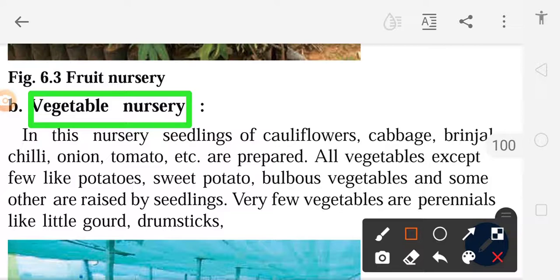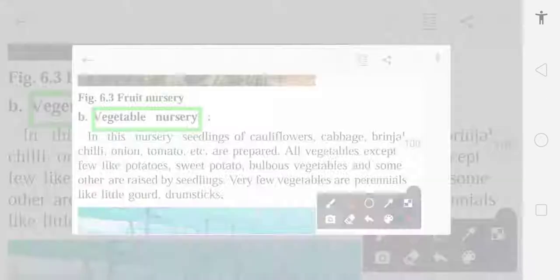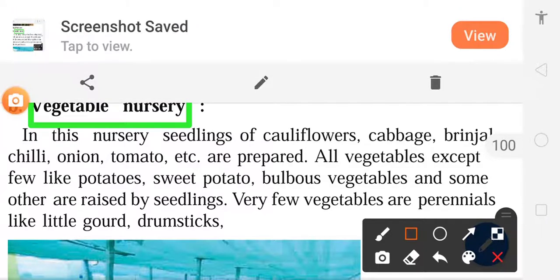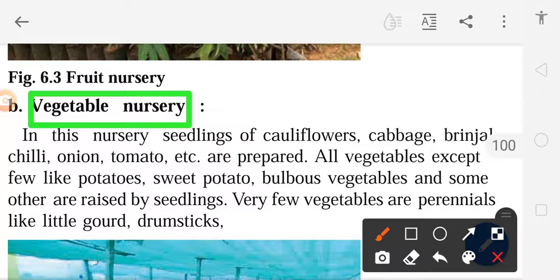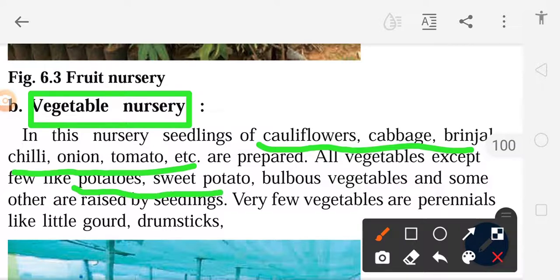Here in vegetable nurseries, we can produce different plants like cauliflower, cabbage, brinjal, onion, tomato, chili, etc. Seedlings of these vegetables can be produced, or we can also produce potato, sweet potato, and other vegetables, and different gourds or drumstick.